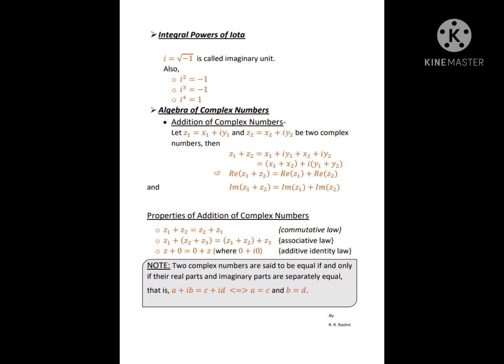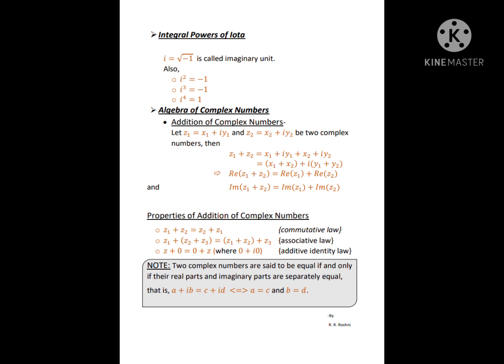Moving on to next, there is a note point I have given in the box, that is, two complex numbers are said to be equal if and only if their real parts and imaginary parts are separately equal. That means a plus ib equals c plus id if and only if a equals c and b equals d.